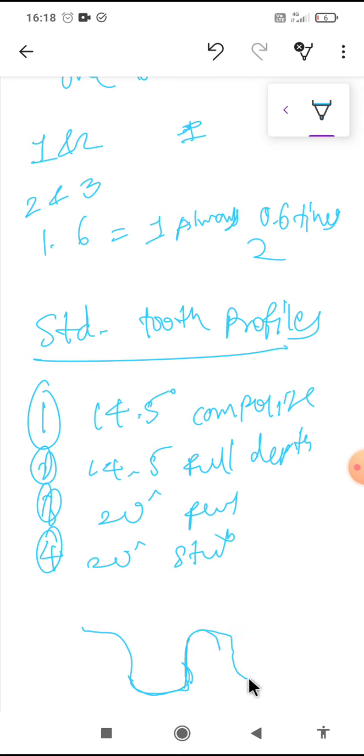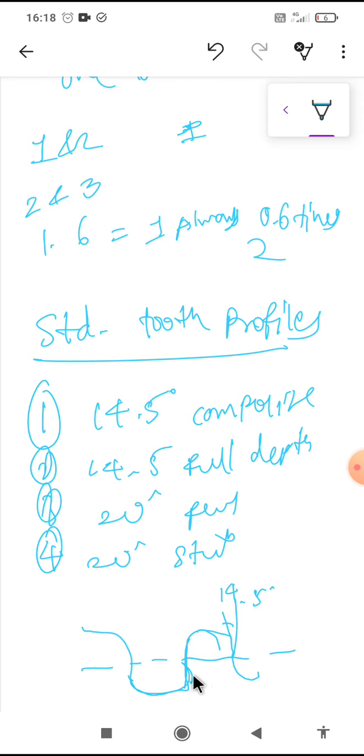If this is the center line, this angle is 14.5 degree. The straight portion corresponds to the involute profile, and the circular arc portion corresponds to the cycloidal profile. Such profiles are used for general gears.